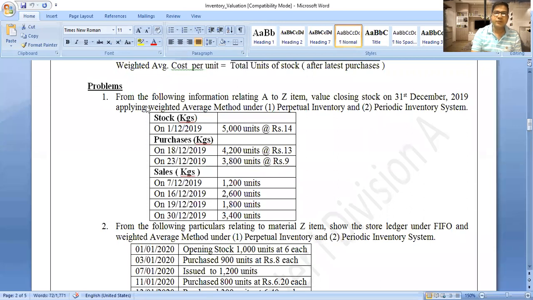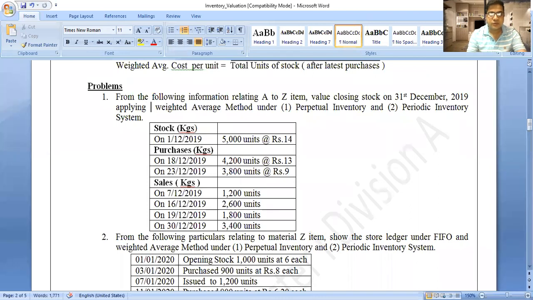Now, friends, there are various kinds of methods to find out the closing stock. Today we are going to learn one of the important methods, that is the FIFO method. We will not study weighted average today. We will study the FIFO method.